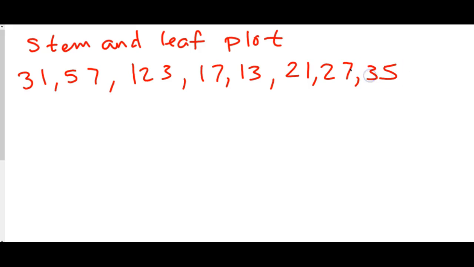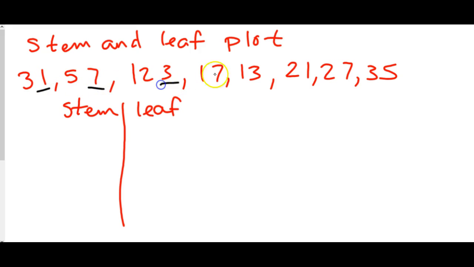To do a stem and leaf plot, the left side we call our stems, the right side we call our leaves. The leaf is just the last number on any of these. So like 1, 7, 3, 7, 3. Last number is the leaf. Any numbers before that is the stem.